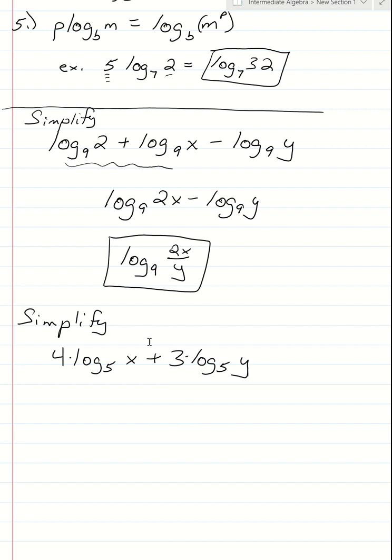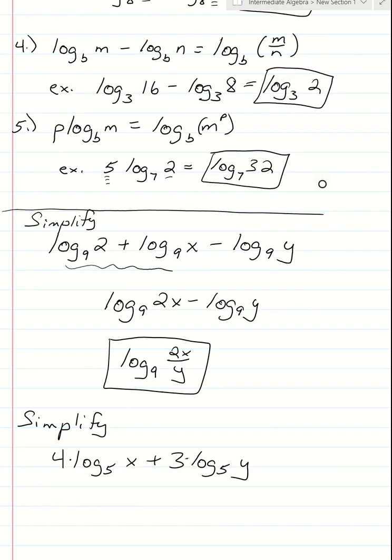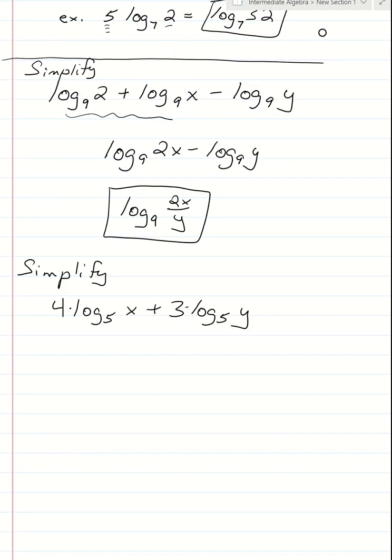And according to that fifth property involving the logarithms, numbers that are being multiplied with a logarithmic term become a power. So that would give us the log base 5 of x to the fourth plus the log base 5 of y cubed. So we eliminated the multiplication of 4 and the multiplication of 3 by turning them into powers.